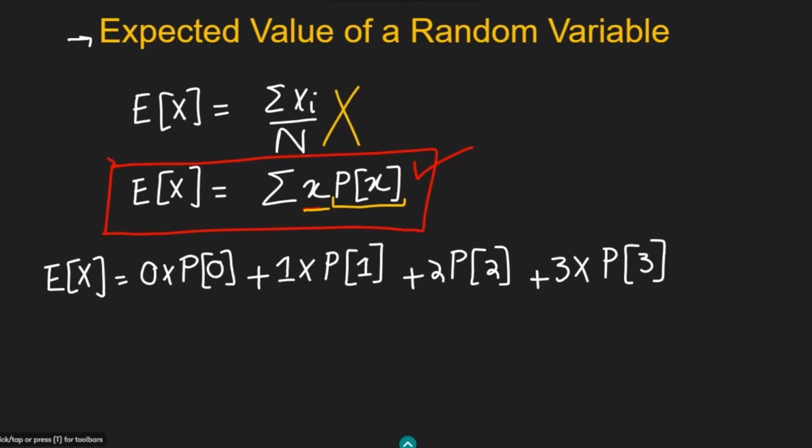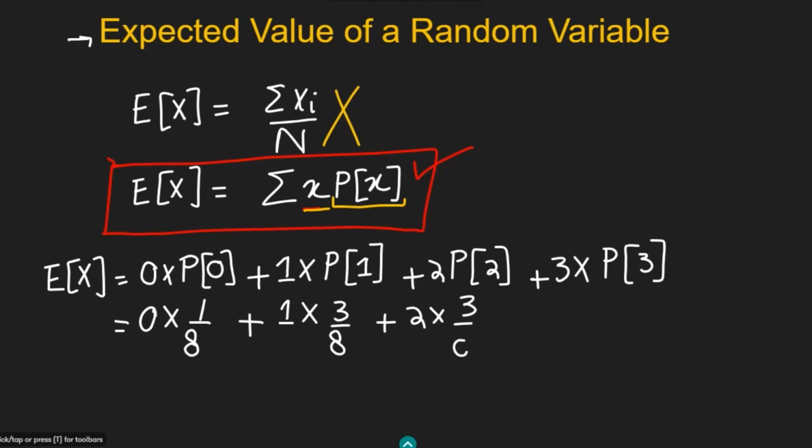So we have these values. This is 0, and the probability of 0 heads is 1 by 8. Similarly 1, and the probability that the number of heads is 1 is 3 by 8. Similarly 2, and the probability that the number of heads is equal to 2 is again 3 by 8, and 3 multiplied by the probability that the number of heads is equal to 3, which is 1 by 8.